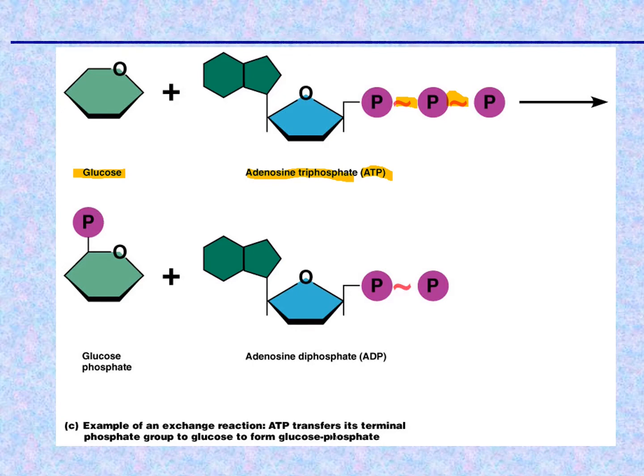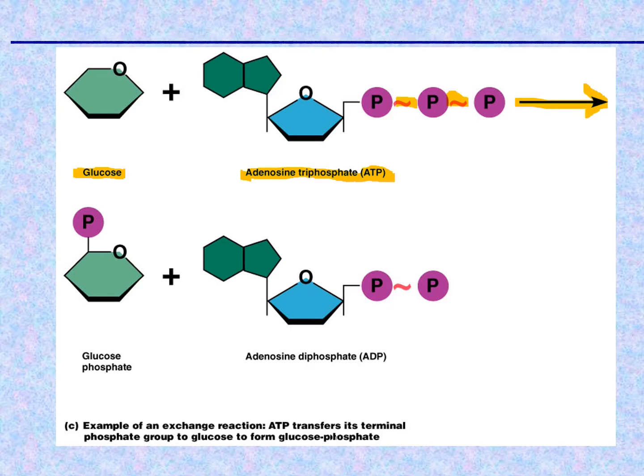What happens in an exchange reaction in this case, and these are the two reactants, glucose and ATP, are interacting together to form the product glucose phosphate.